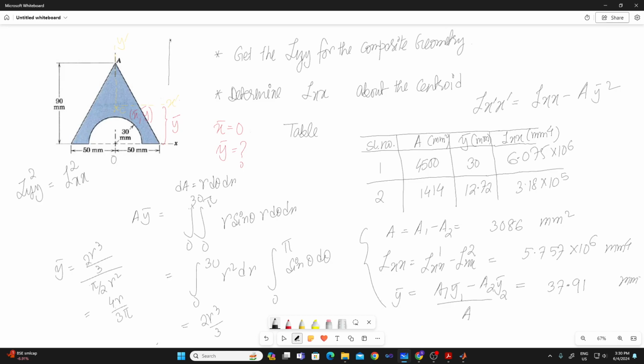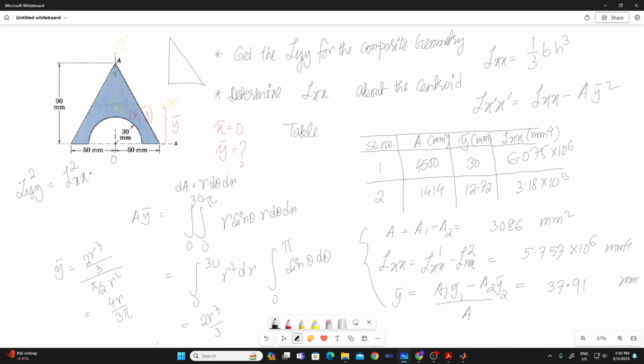You take half the triangle. If you check the expression that we got for a triangle, the Ixx that we got was one third BH cube.